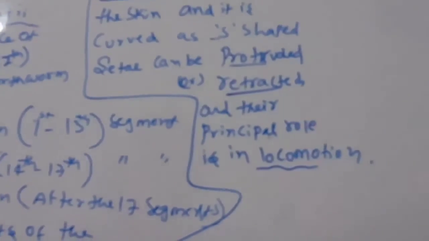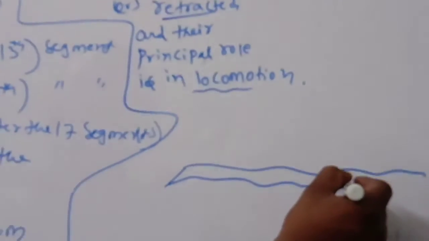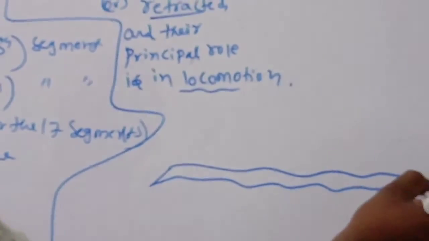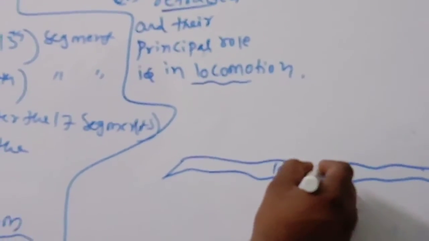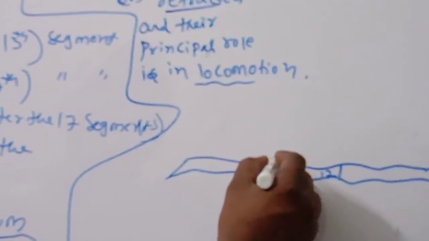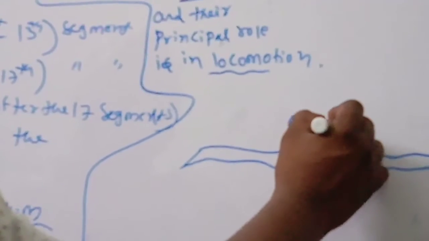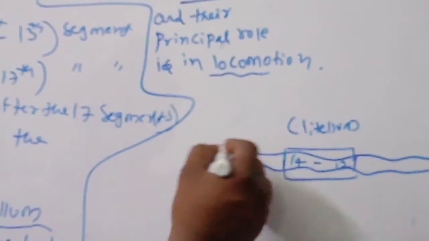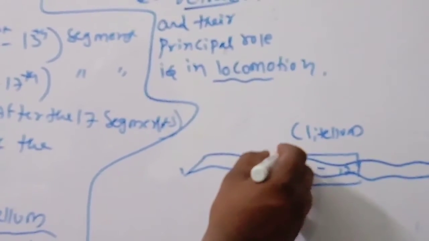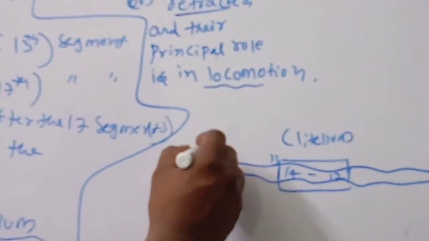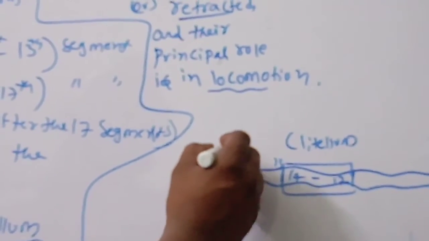See the picture like this. The earthworm is there. The 14th to 17th segment is called the clitellum, right? The first to the 13th is called the pre-clitellar region.